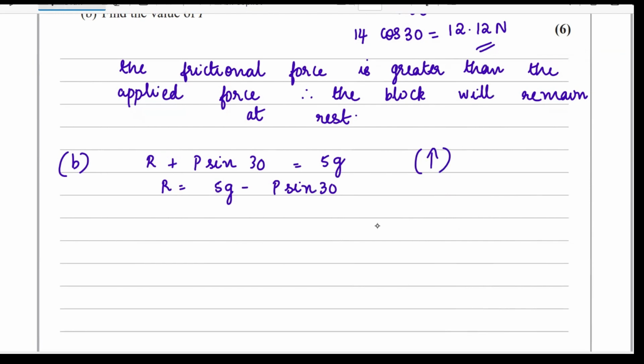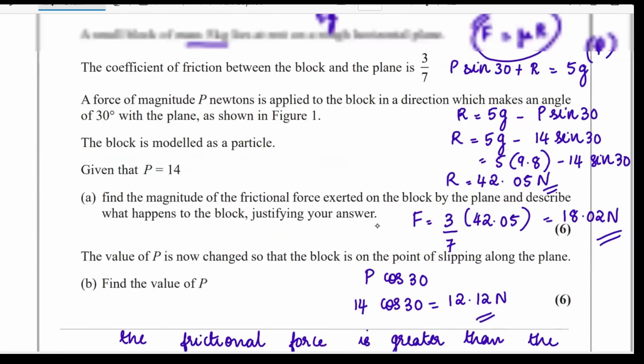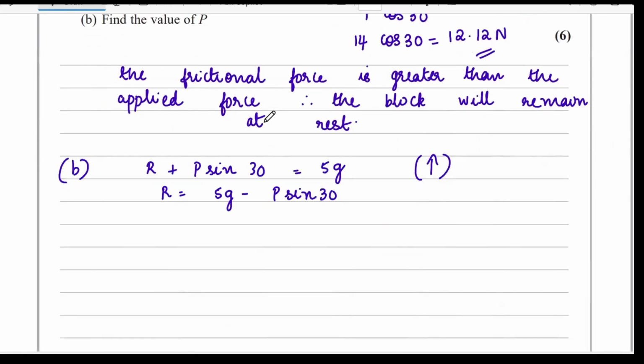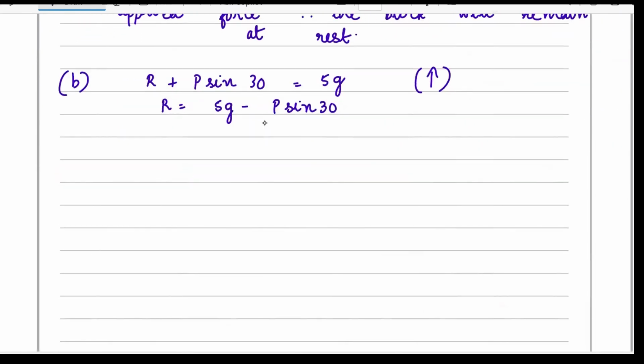Now, we just have to go back and see the diagram here. The forces acting horizontally are P cos 30 and F. So now we will equate the forces acting horizontally. We have F equals P cos 30. We need to find out the value for P only.